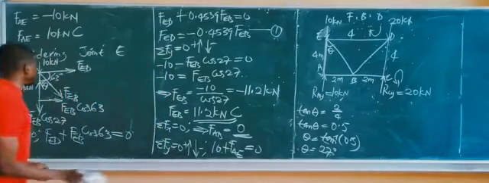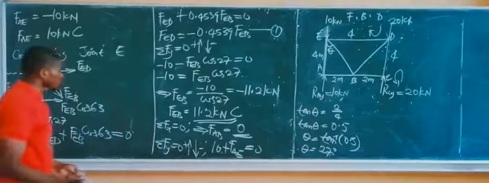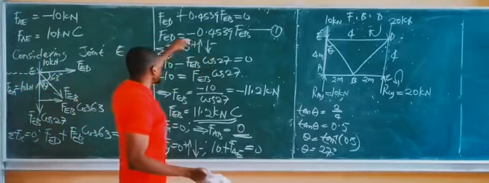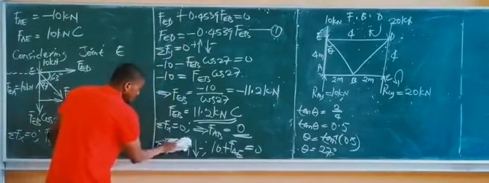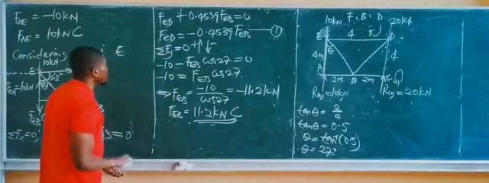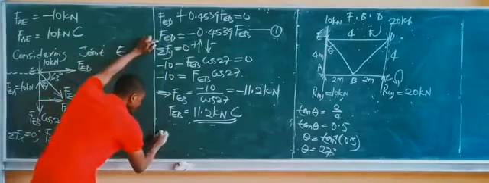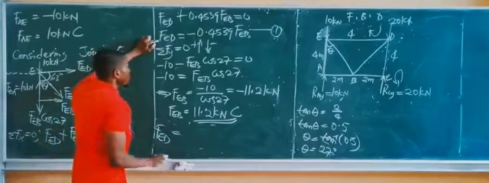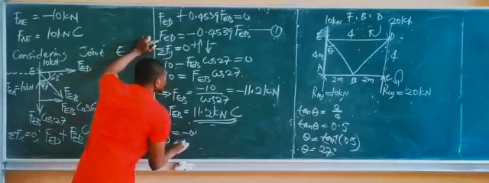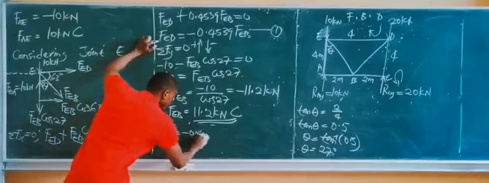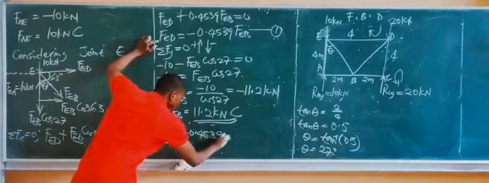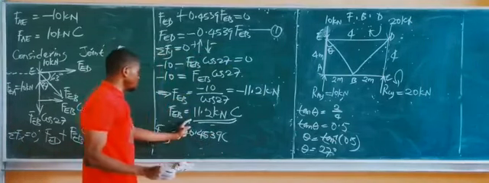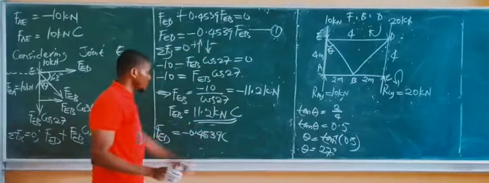Next is to substitute this value into equation 1 to find the value of FEB. From equation 1 we have that FEB, the force at joint A relative to D, is equal to minus 0.4539 times, in place of FEB, we'll simply put in minus 11.2, please don't forget.